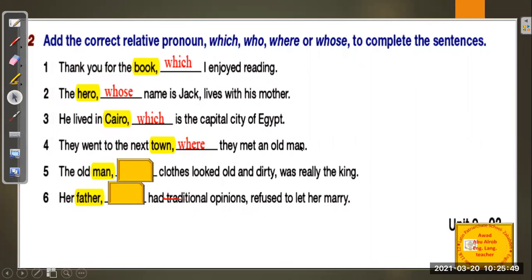Next one, Lujain. Number 5. The old man whose clothes looked old and dirty was really the king. Thank you.